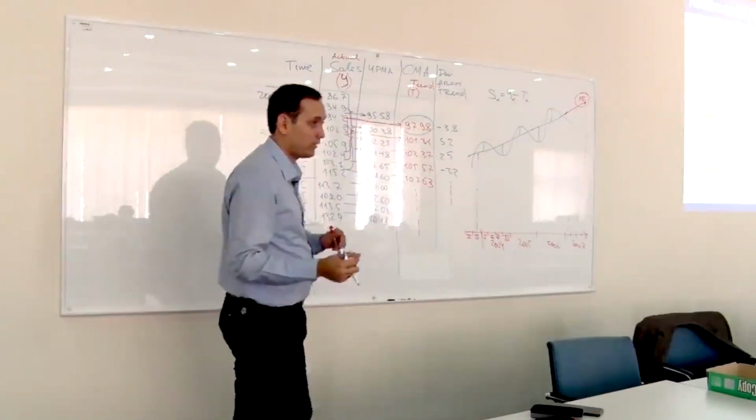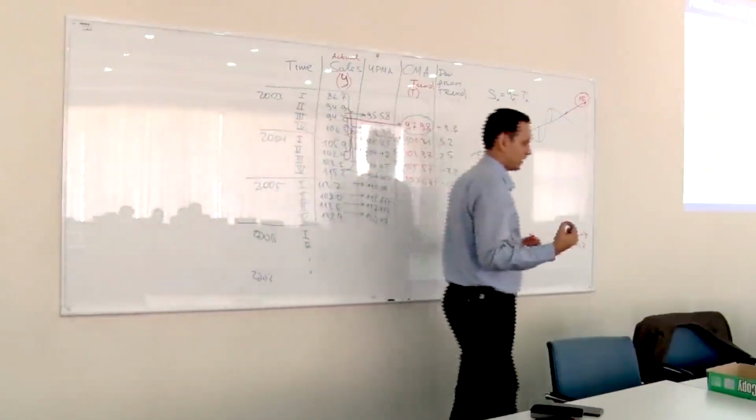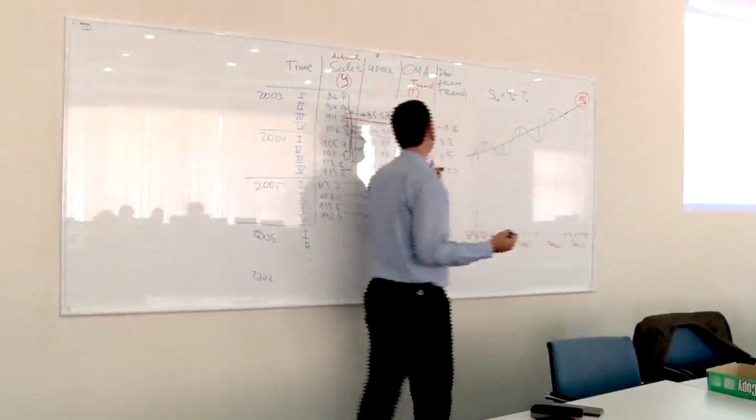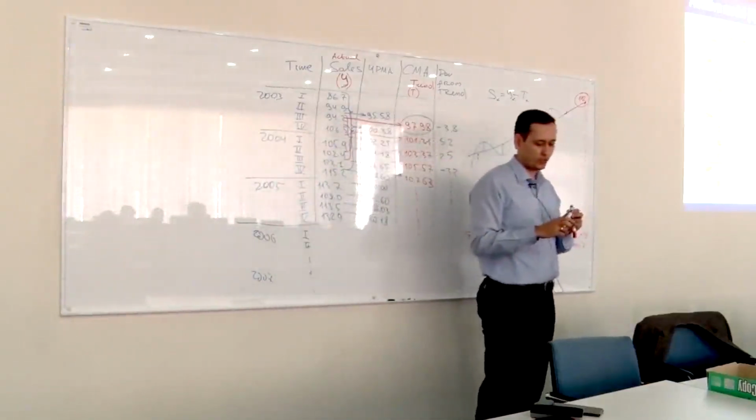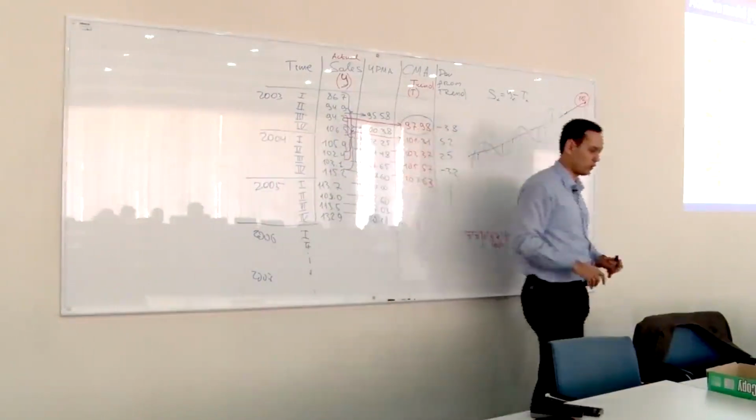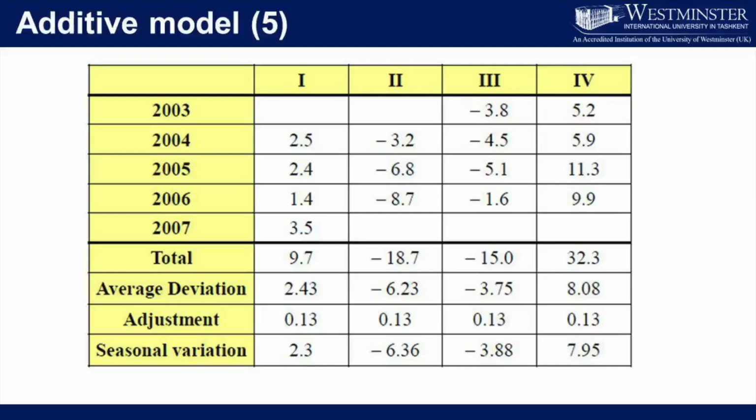Now, to calculate the real seasonal deviation, so these are actually deviations from trend. To calculate the seasonal deviation, you need to come up with another table, which is called the seasonal variation table. We'll have to draw a table like this.